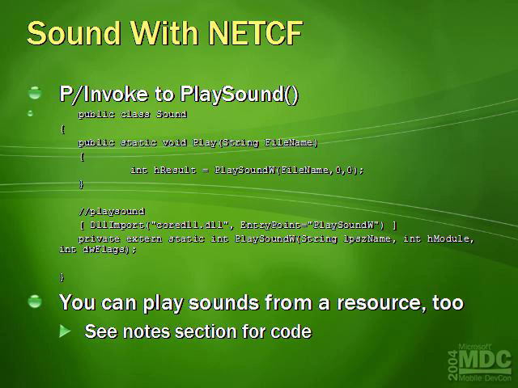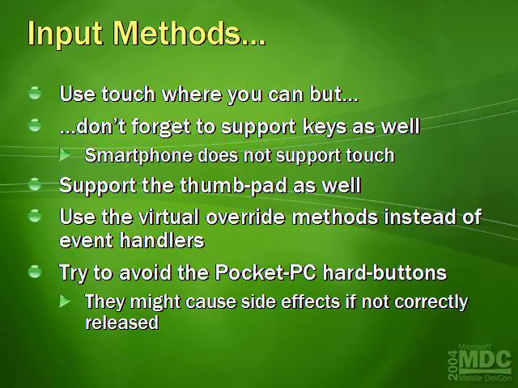You can also load sound files or wave files from a resource in your application. There's a flag where you can say, do I want to use it from disk or from RAM? And it's very easy to load a resource that's in your application and play it back through this little wrapper class. The notes section will have the code for that.